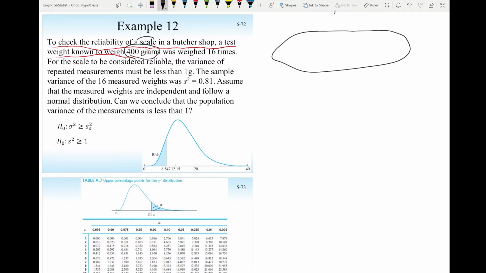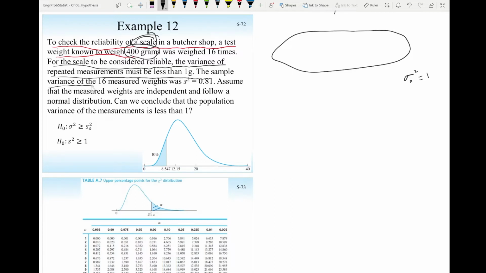So sometimes this will give you 401, sometimes 398, 399, and so forth. So we want to know the reliability of this scale. For the scale to be considered reliable, the variance of repeated measurement must be less than 1 gram. So we want this variance to be 1 gram or less.